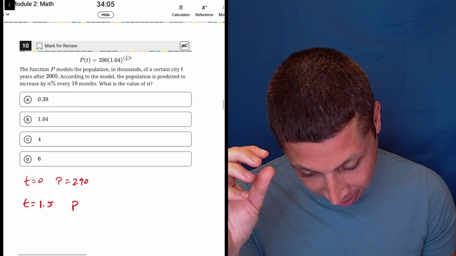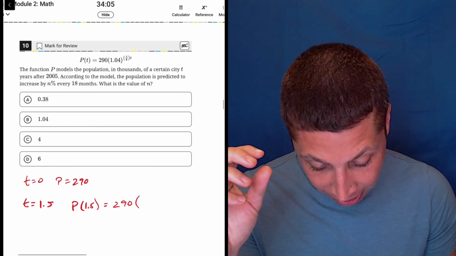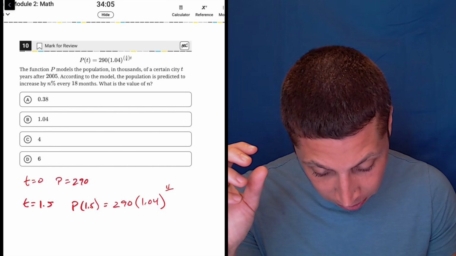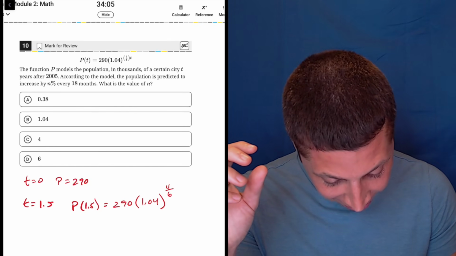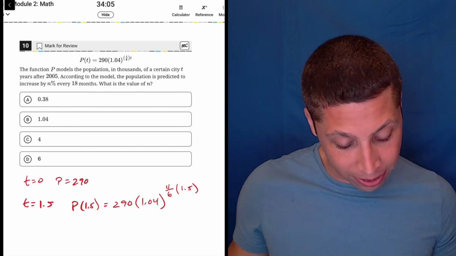So P of 1.5 is 290 times 1.04 to the 4/6 times 1.5. This feels not a coincidence, that would be 3 halves.